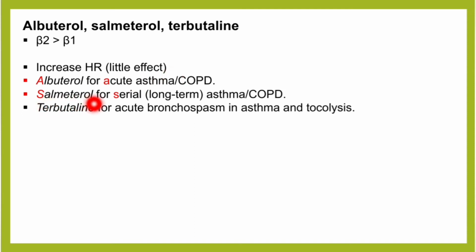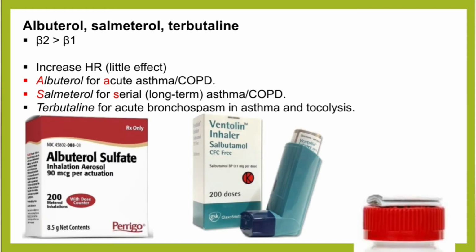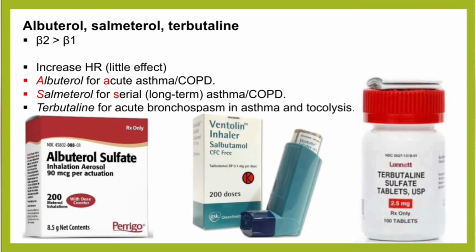Salmeterol is for long-term asthma or COPD. Terbutaline is used for acute bronchospasm in asthma and tocolysis. Mainly they are used as inhalation, albuterol and salmeterol. Terbutaline can be used in the form of tablets.